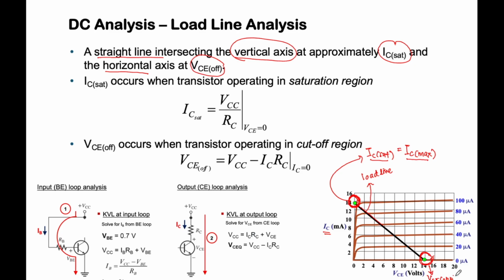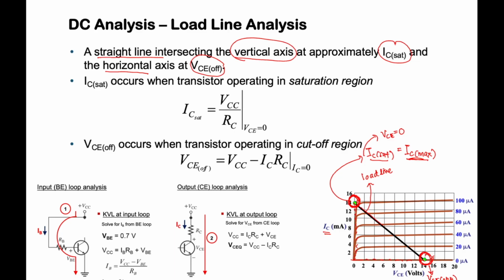At this VCE off, what will happen to your IC? Our IC at this particular point is equal to 0. For your IC saturation, or IC maximum, this occurs when your VCE is equal to 0.